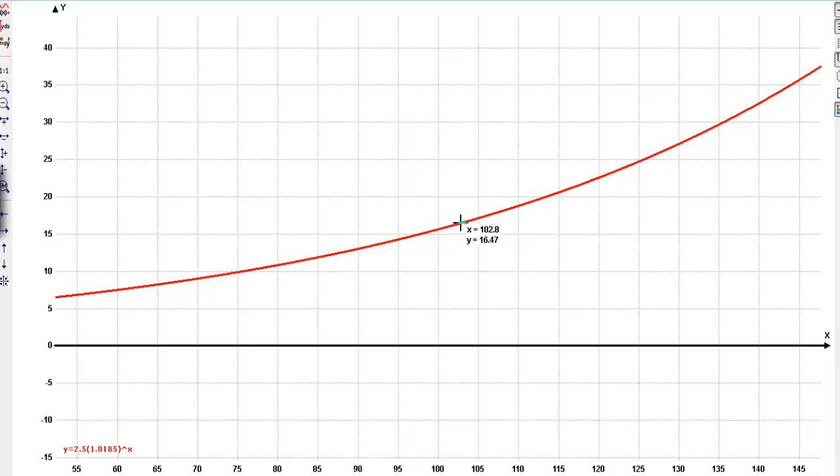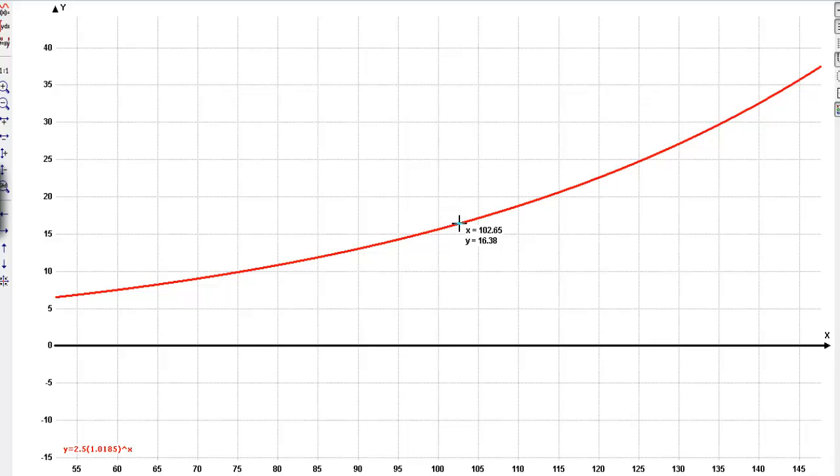So at x equal 102.88, y is equal to 16. So for your x of 102, we can estimate that to 103. Okay, so at x equal 103, that's where I'll have double the population I had in 2015.